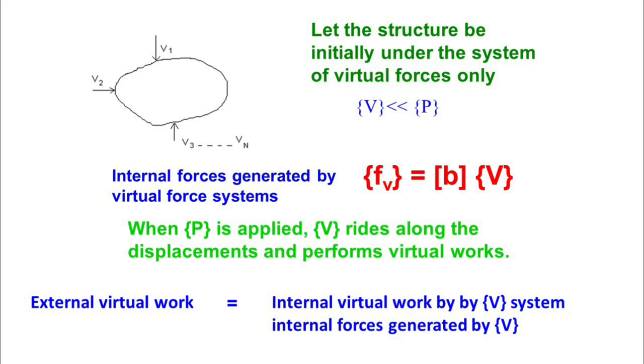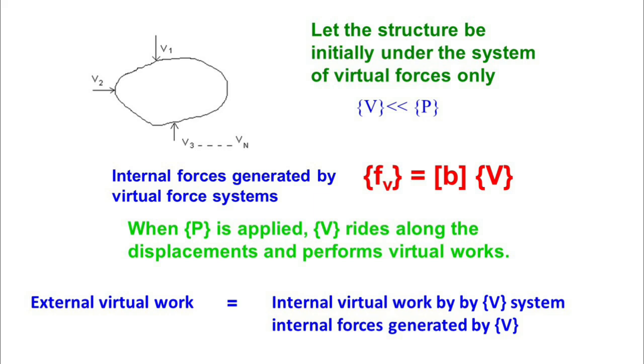Now when we use the principle of virtual work, all we have to do is equate the external virtual work with the internal virtual work. Just like the external virtual forces V1, V2, V3 and so on perform the external virtual work, similarly, the internal forces which occur because of the applied virtual forces also perform internal virtual work.